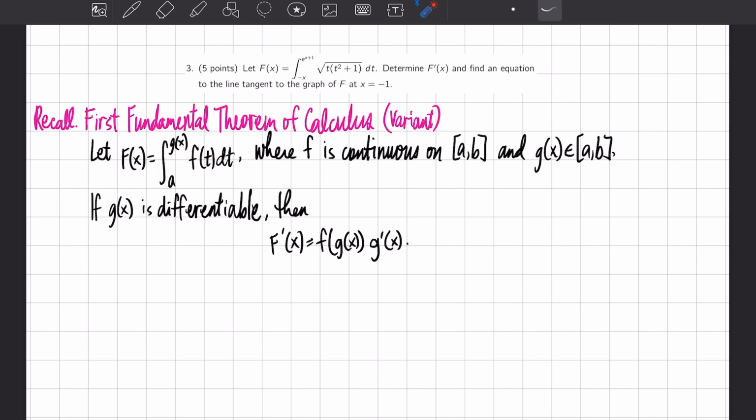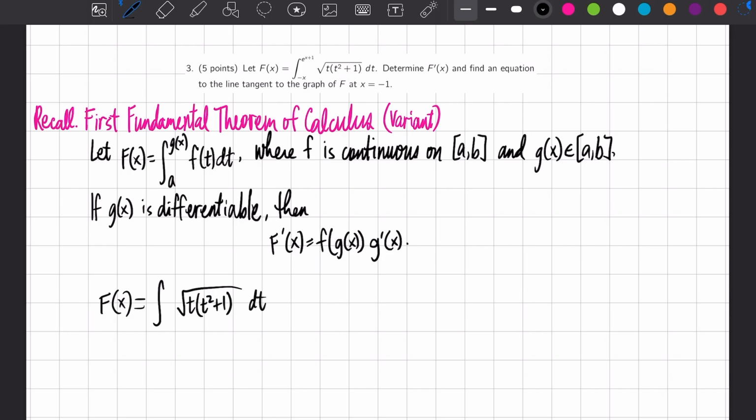So let's look at the given function. What we have here is f of x equals the integral of the square root of t times t squared plus 1 dt, where x goes from negative x to e raised to x plus 1.